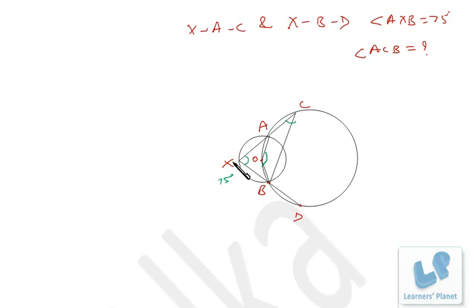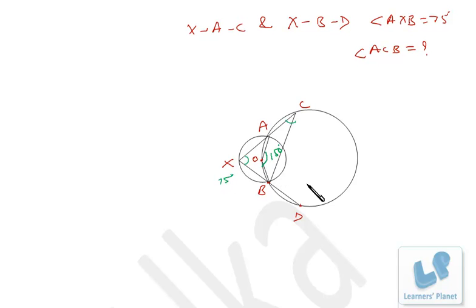From the same segment, the angle at the circumference is half that of the angle at the center. So this you can say BOA. AO is a straight line, OB is a straight line, so the angle between these two will be 75 degrees. Just forget this circle, just concentrate upon AO and OB, right? So if this angle is 75 degrees, this will be 150 degrees, right? So we got this angle.